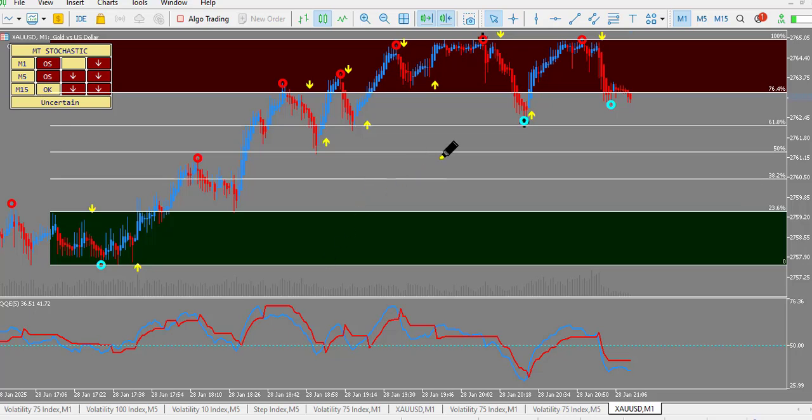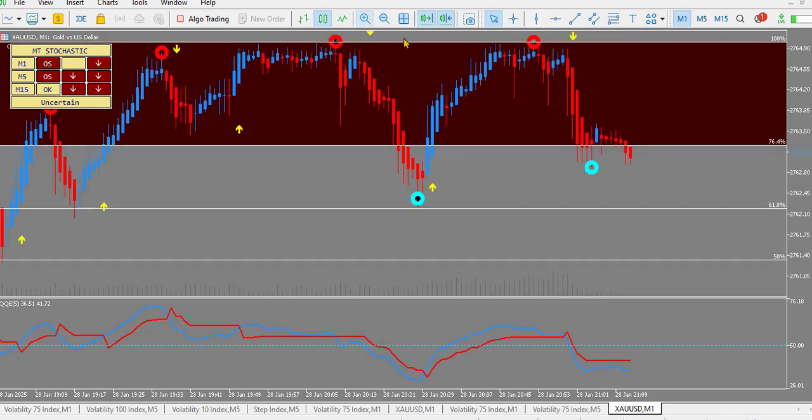So let us analyze this together. On our chart we have all the time frames pointing down, but M1 and M5 are in the oversold region already. But before then we have a signal that was generated for a sell. Here was a sell signal.